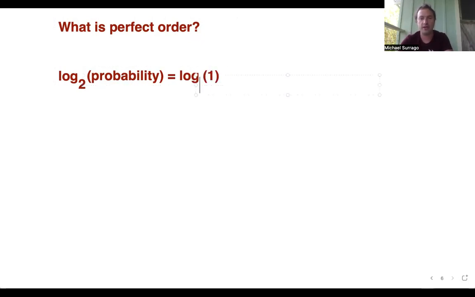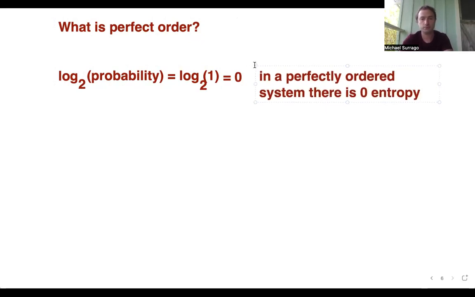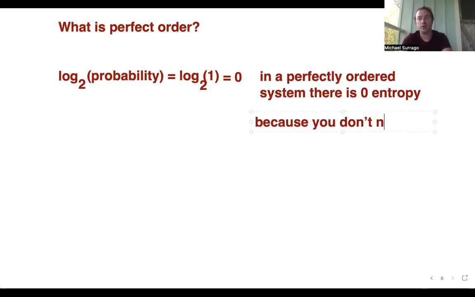So what's the log base 2 of 1? It's equal to 0. So therefore, in a perfectly ordered system, there is 0 entropy, because you don't need to ask any questions.